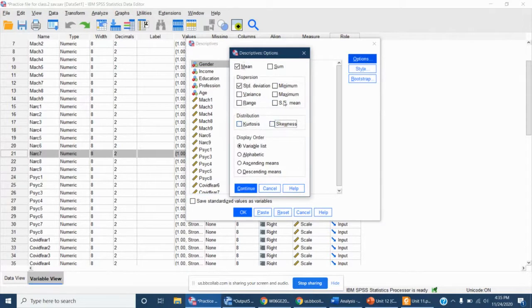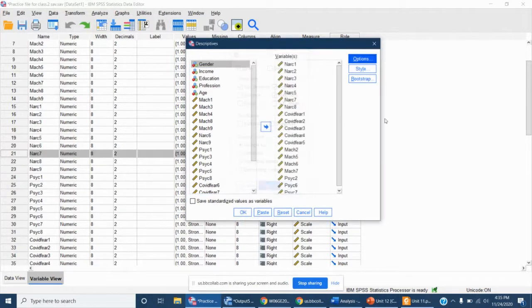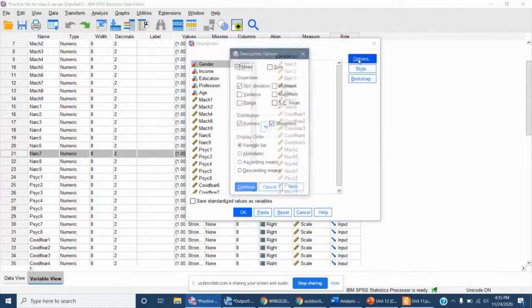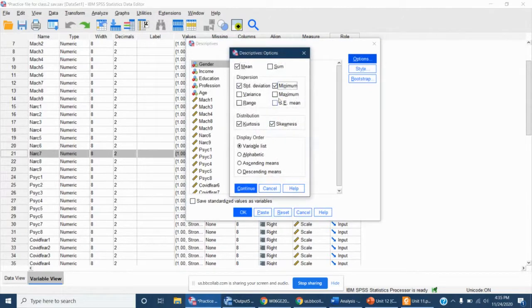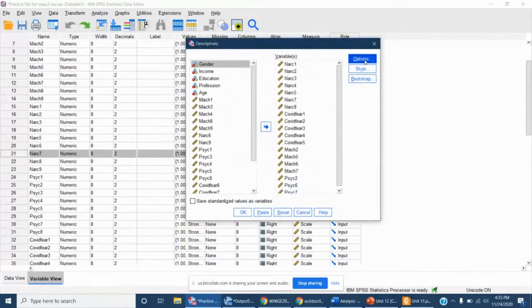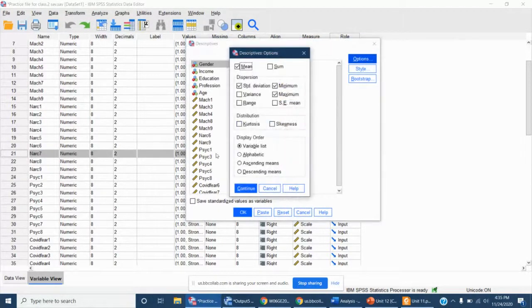Options will look like this. This is the default window when you open the options. Here we are interested in distribution, normal distribution.